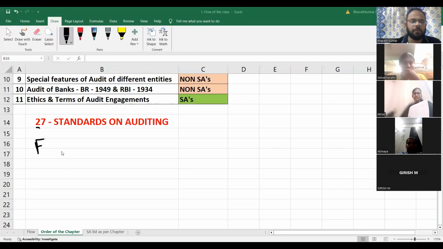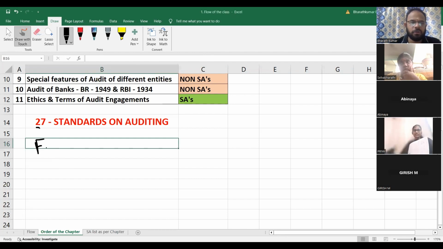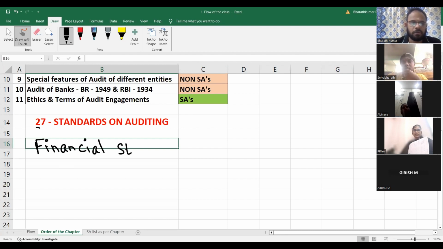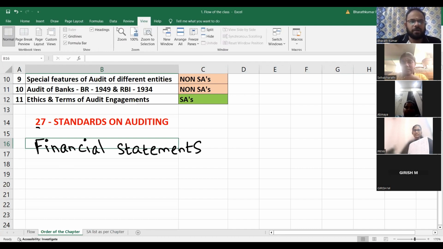So guys, we were talking about financial statements, correct? Companies Act, right? Schedule 3 of the Companies Act. Very good. So when I talked about the Companies Act, what did I cover?